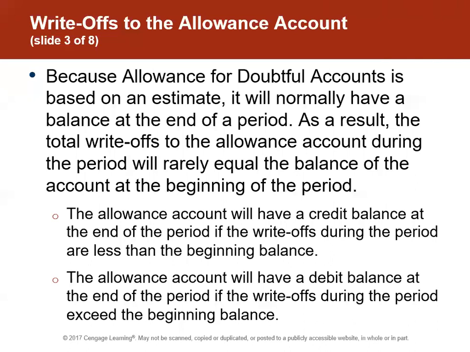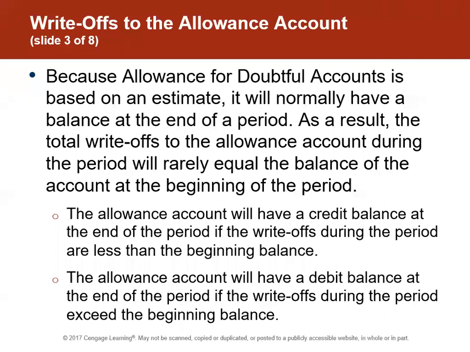So allowance for doubtful accounts, if we underestimated, and we end up writing off more throughout the year than what we estimated. So if we had 5 more accounts and the total over here ended up being like 32,000, we would then have a debit balance, right? That's going to change how we do our adjusting entry at the end of the year. Okay, so when we do our adjusting entry at the end of the year, we will always have a credit balance in allowance for doubtful accounts after the adjusting entry.